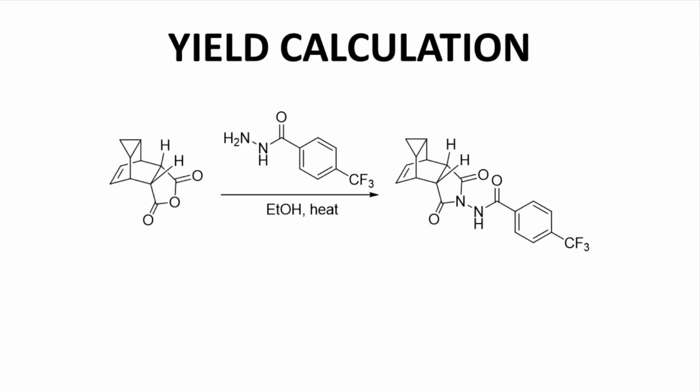Here is the reaction again. Let's identify the limiting reagent so we can calculate the yield. For the anhydride, we used 196 milligrams. The molecular weight is 190.20 grams per mole, so we used 1.03 millimoles of the anhydride.